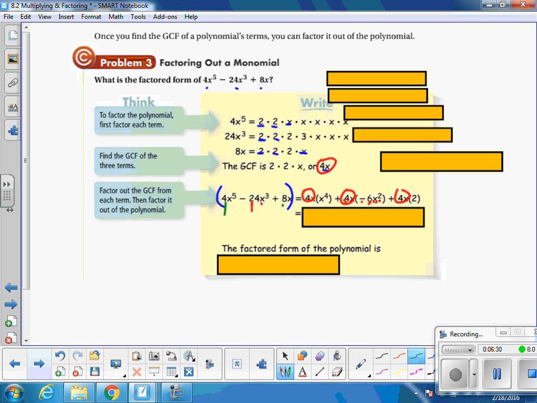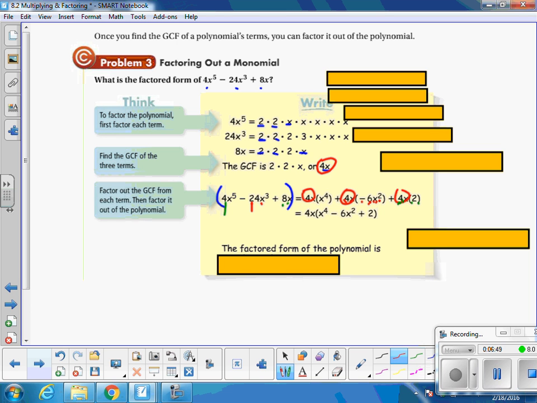8x, I'm going to factor out the 4x from that. So I'm going to get 4 times 2, which gives me my 8, and x times no term gets me my x. And I can simplify that even more by looking at it as a distributive problem.